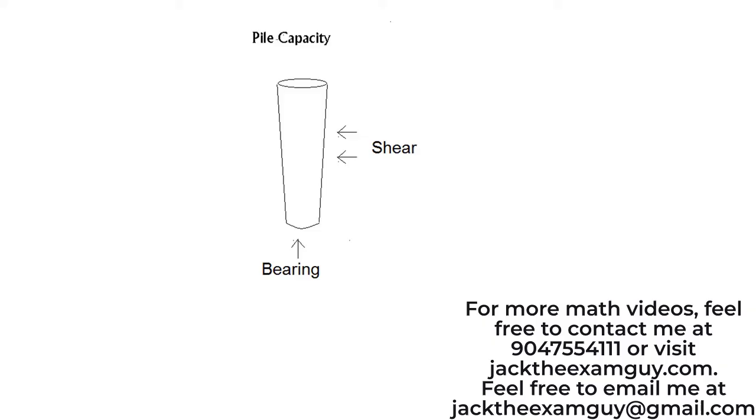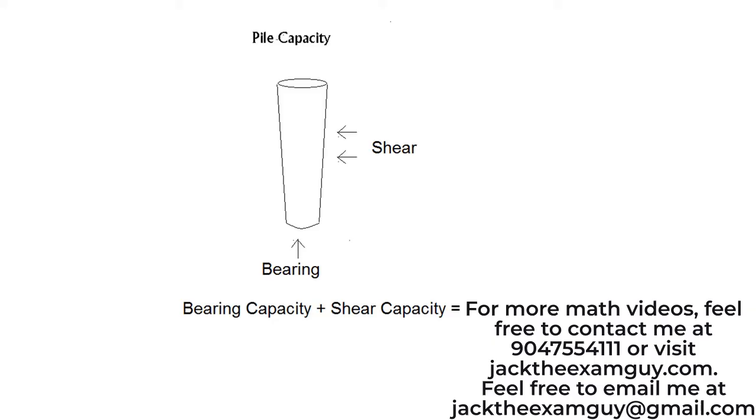And then you have bearing on the tip of the pile. The total capacity of the pile is your bearing capacity plus your shear capacity, and that gets you where you need to be to answer the most basic questions about pile capacity. And you don't have to have a lot of good math skills to know that.